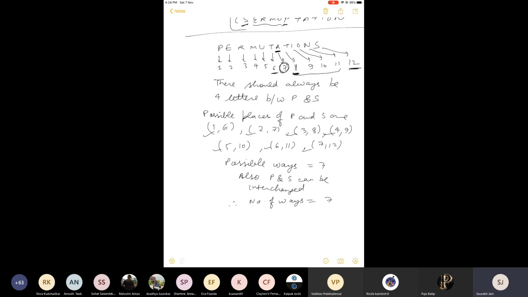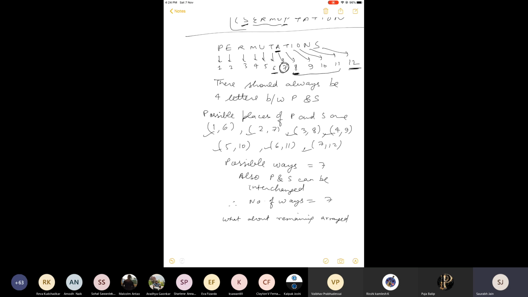Now, this is about P and S. Last step, this is about P and S, but what about the remaining alphabets? They should also be arranged. We have arranged P and S till now. Not 10 factorial, just a slight mistake. I will tell you why.